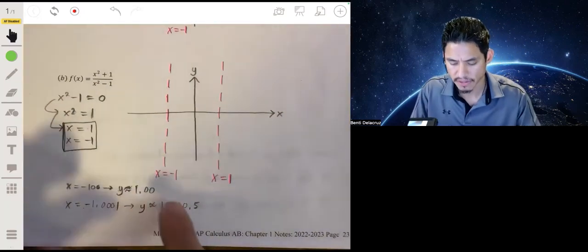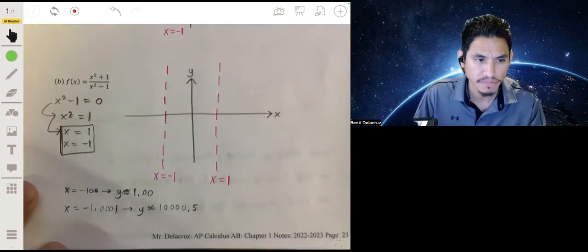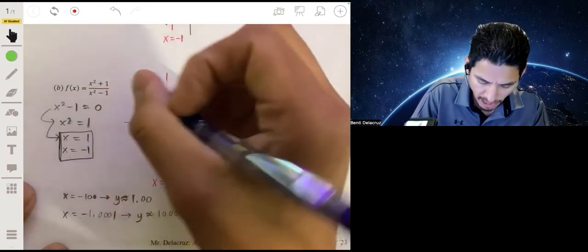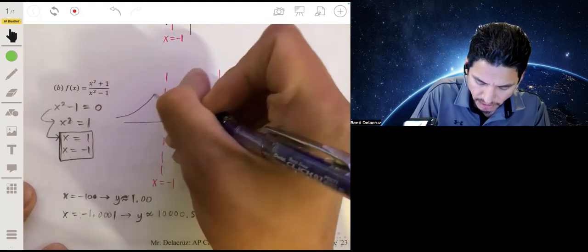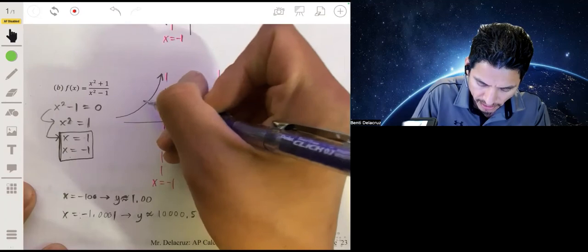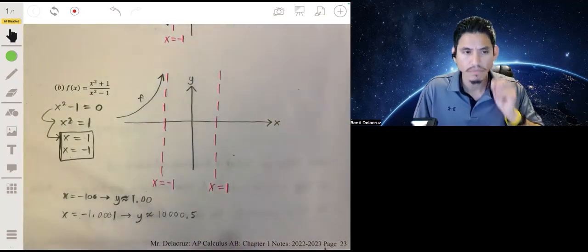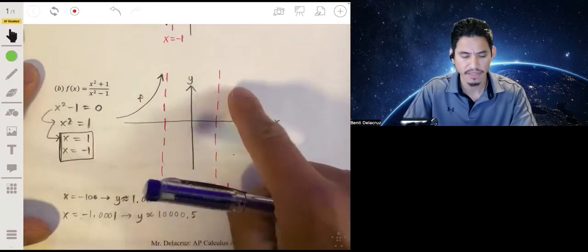Since both these values are positive to the left of x equals -1, we can say confidently that the graph is going to do something like this. It's going towards infinity on this side.